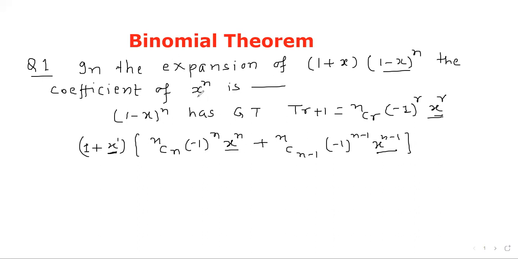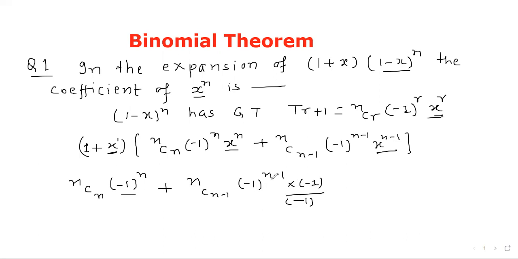And our purpose is to get the coefficient of x^n. So we can write the coefficient. It will be nCn into (-1)^n plus, from here, nC(n-1) (-1)^(n-1). So from here we can take common (-1)^n. So what we can do, we can multiply by -1 and divide by -1.